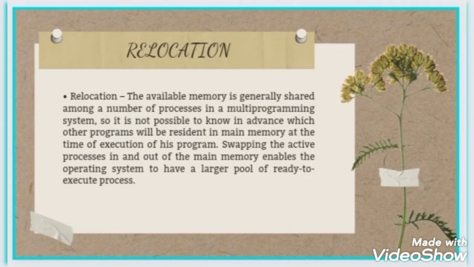Relocation. The available memory is generally shared among a number of processes in a multiprogramming system. It's not possible to know in advance which other programs will be resident in main memory at the time of execution of a program. Swapping the active processes in and out of the main memory enables the operating system to have a larger pool of ready-to-execute processes.